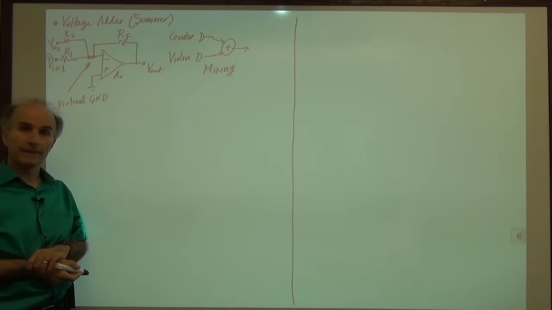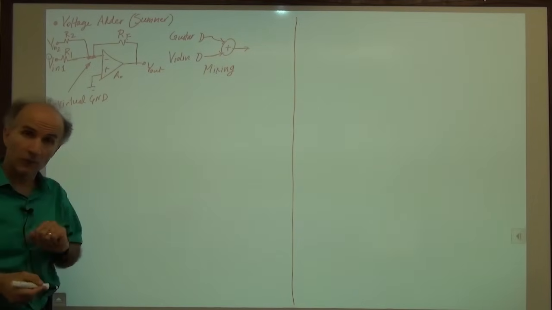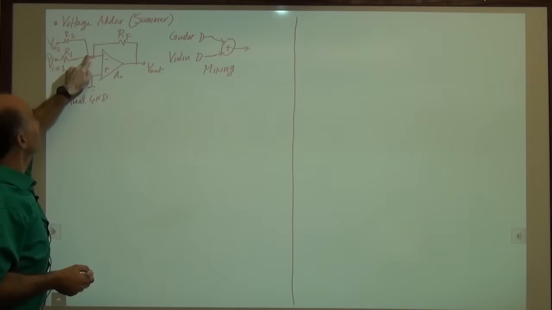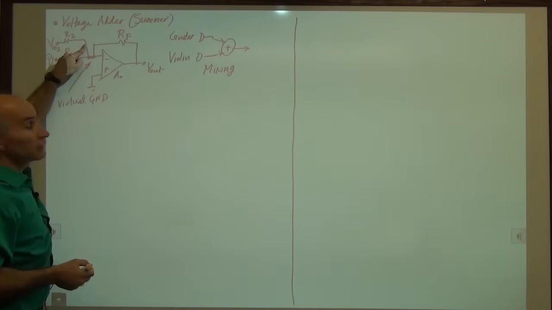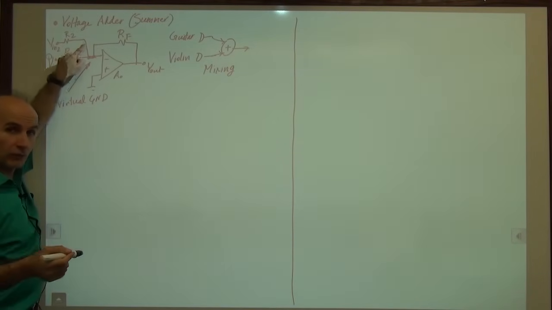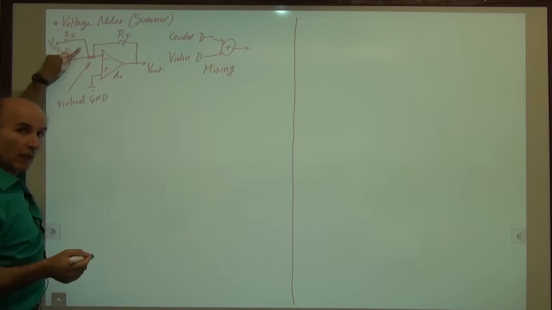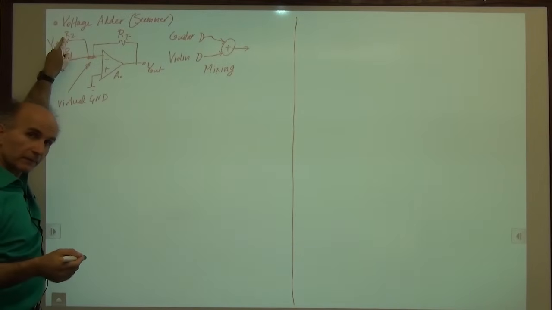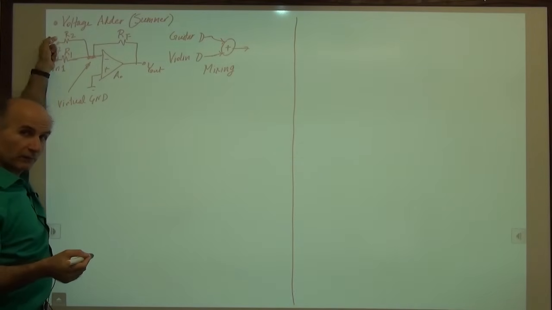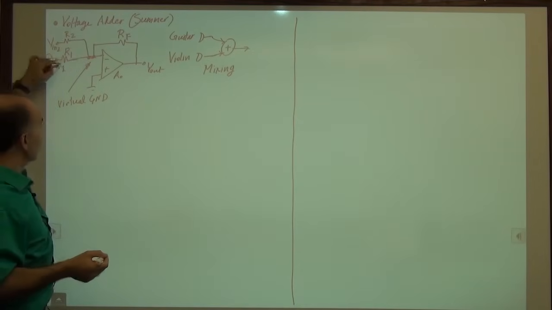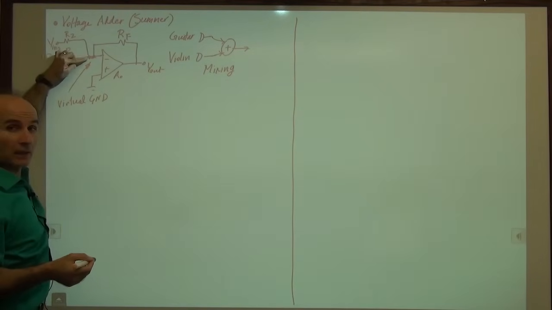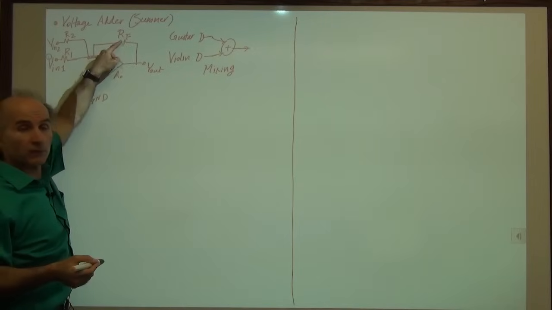Now what happens? Well, again, because of the virtual ground that we have here, the current through R2 is approximately equal to Vin2 minus 0 over R2. So we have a current of Vin2 over R2 here. We have a current of Vin1 over R1. These merge here and flow through RF.